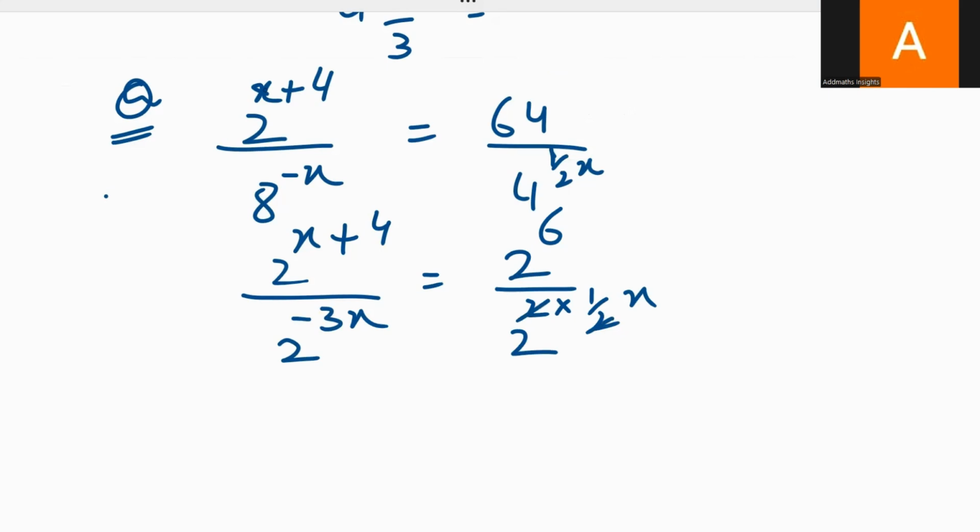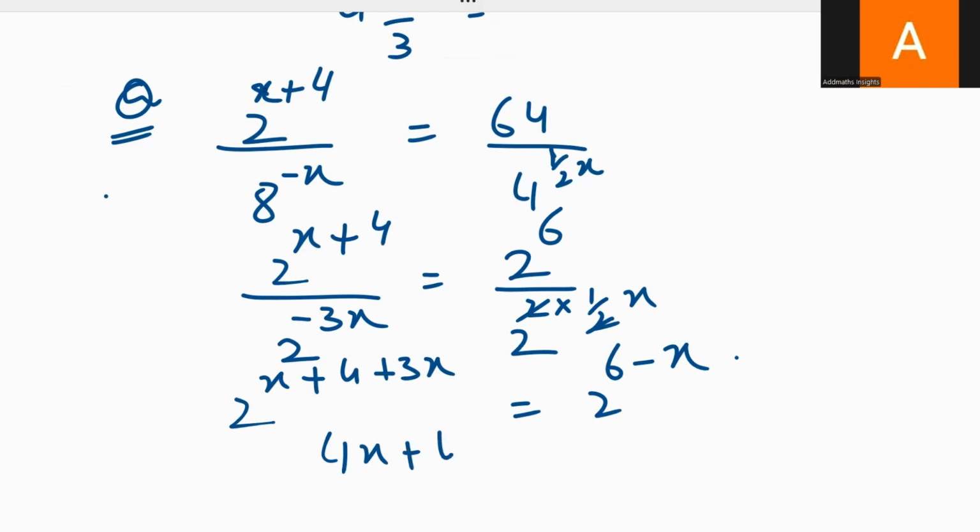So there is a division sign. So we apply the laws of indices and can write, change the sign of this. It becomes plus 3x and this plus x becomes minus x. Now the bases are the same. So you can compare, you can write 4x plus 4 is equal to 6 minus x.